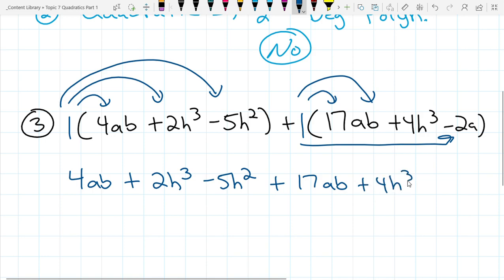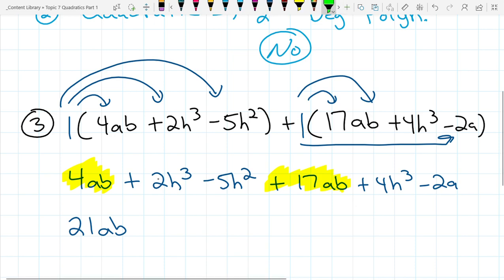And now we can combine like terms. So I have a 4ab, and I have another ab, and it's a positive 17ab. If you have 4 apples and 17 apples, you would end up with 21 apples. So that's why we call it 21ab. Notice that the variables themselves don't change, just the quantity of them. Then we look for the next thing.